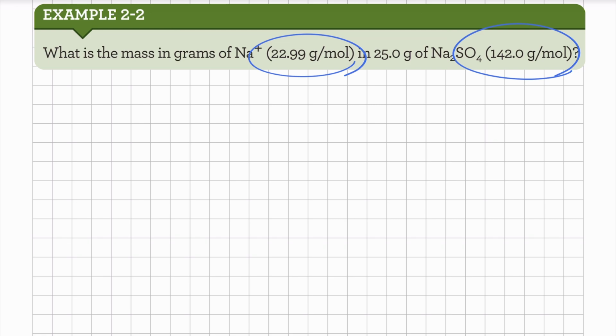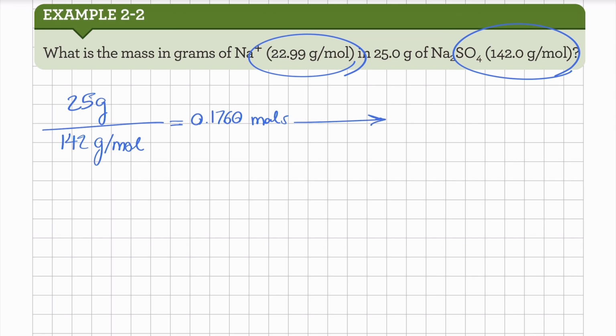So in the first step, we are going to calculate the moles of Na2SO4, which is going to be really easy. 25 grams of Na2SO4 divided by 142 grams per mole. The answer of this equation is going to be 0.1760 moles.